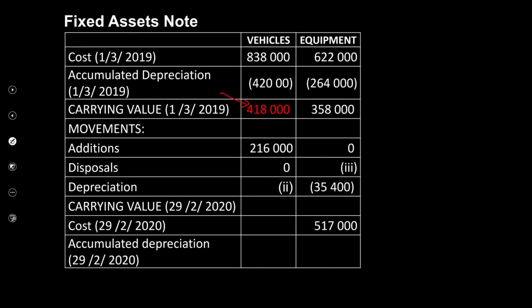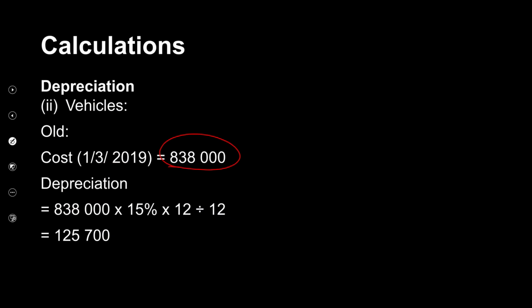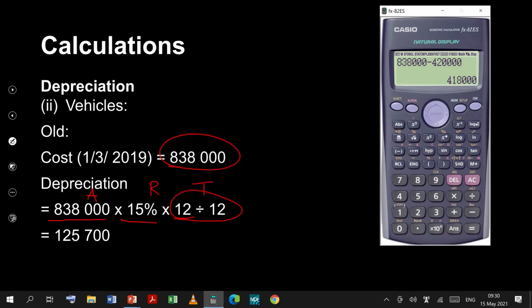Therefore, what we do here is we say, fine, take your 838,000, which is your cost price, times your rate of depreciation. Remember, we always use ART. And because we've used this for the entire year, it's old vehicles, immediately we do that calculation. 838,000 times the 15%.